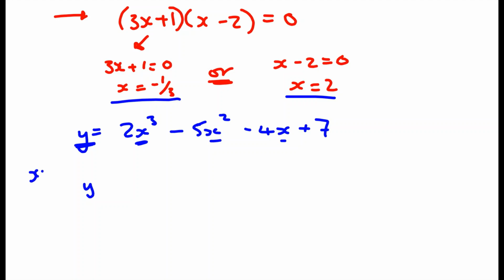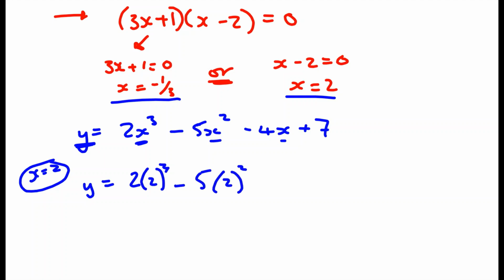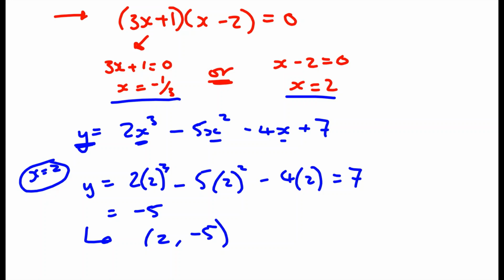So when x equals 2, it's going to be 2 lots of 2 cubed, take away 5 lots of 2 squared, take away 4 lots of 2, plus 7. And this is going to give us negative 5. So we've got our first coordinate of 2, negative 5.